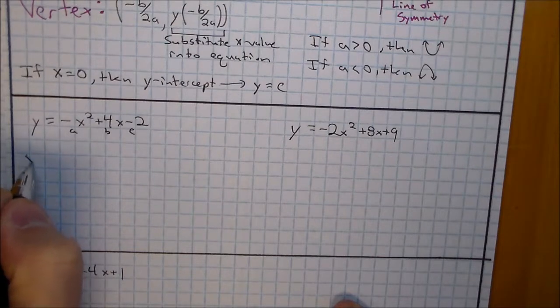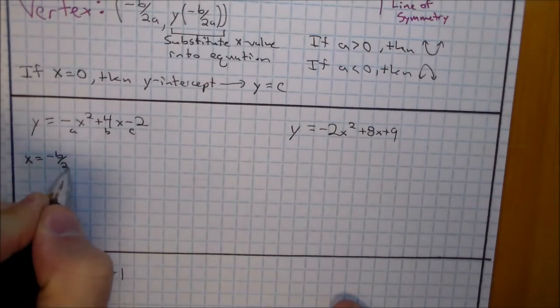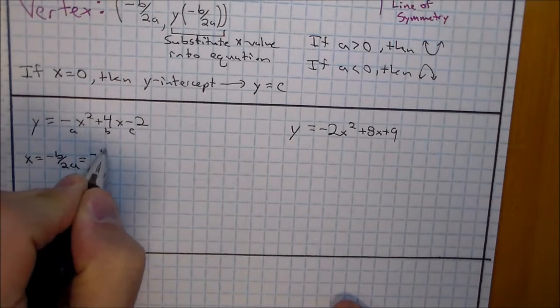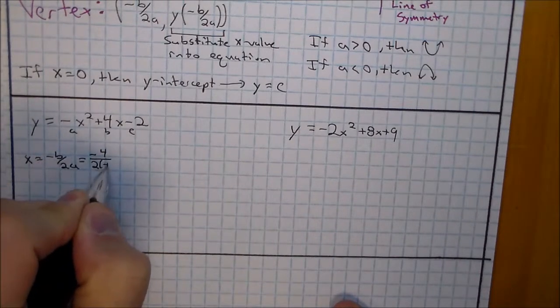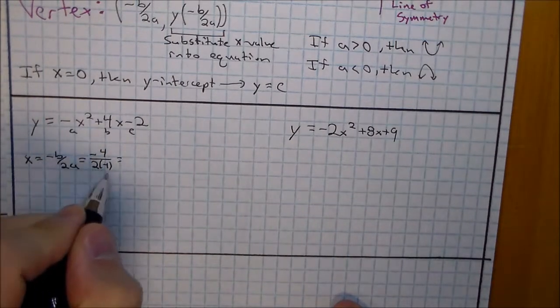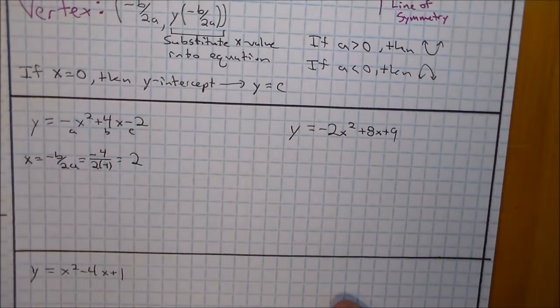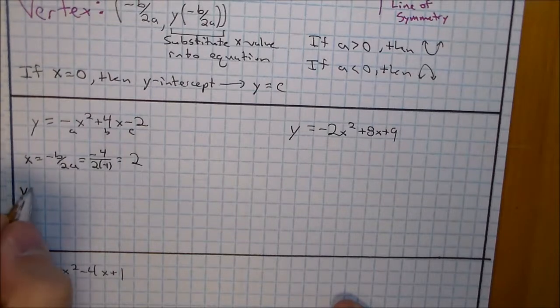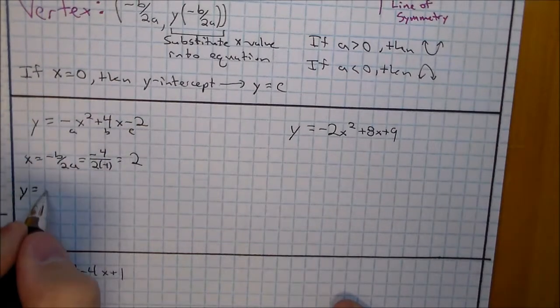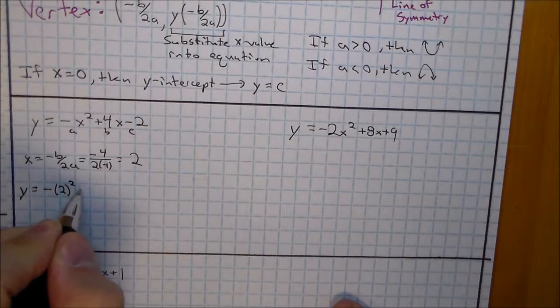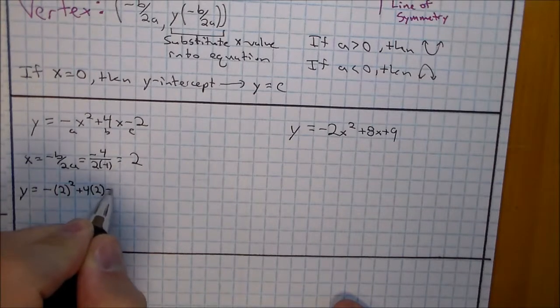So our line of symmetry is x equals negative b over 2a. So that's negative 4 over 2 times negative 1. Now, negative divided by a negative is going to give me a positive. 4 divided by 2 is going to give me a positive 2. So I'm going to put that into the original equation: negative 2 squared plus 4 times 2 minus 2.